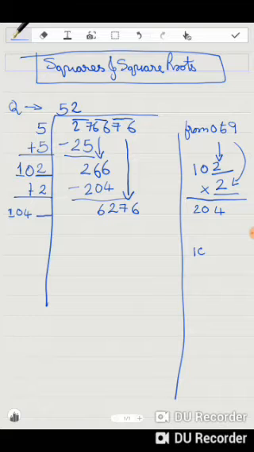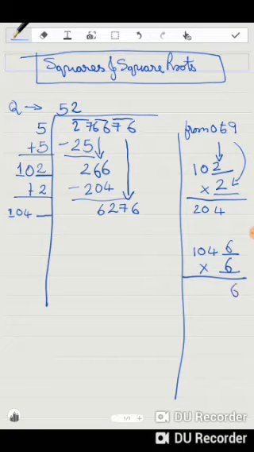And now I will ask myself this question: 104 dash into dash should give you a number less than or equal to 6276. So what do you think would be the number? 6. Okay, yes, let's look at whether 6 works.